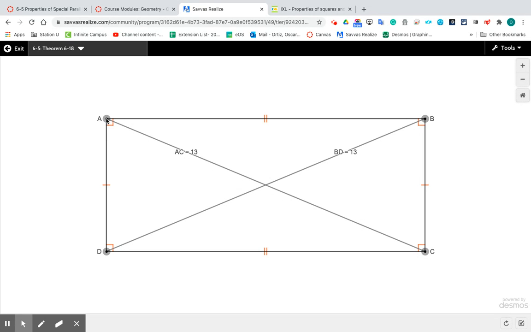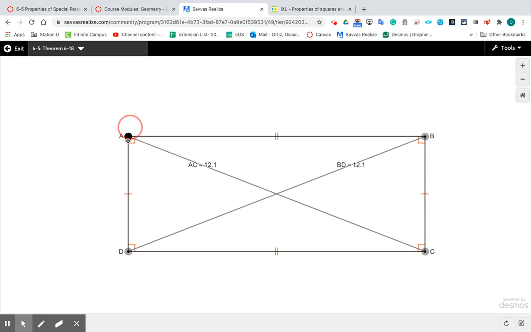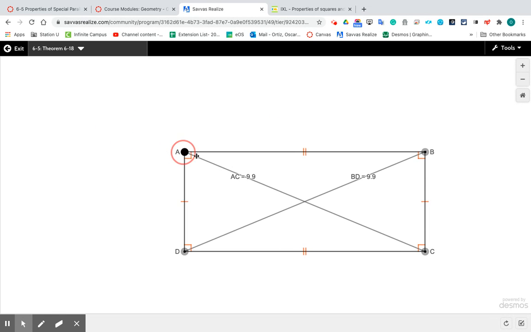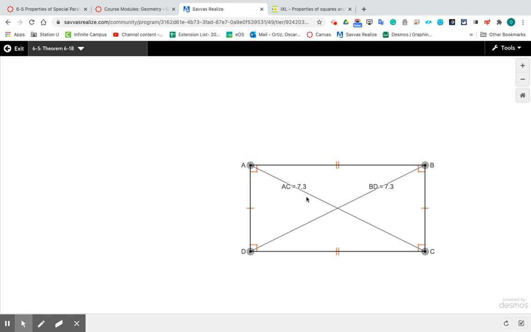If you play with dragging the vertices, you can make the rectangle smaller, but you can still notice those two diagonals are congruent. So in general, a parallelogram is a rectangle if and only if its diagonals are congruent. All right, so that's the property we want to keep in mind.